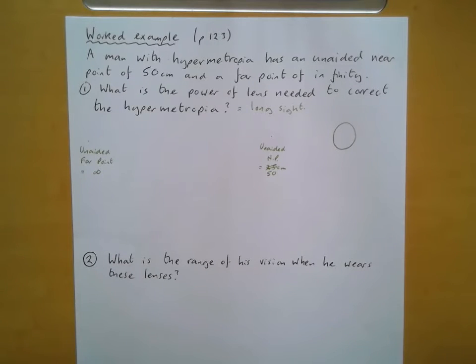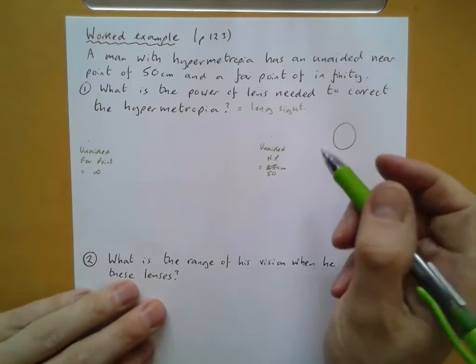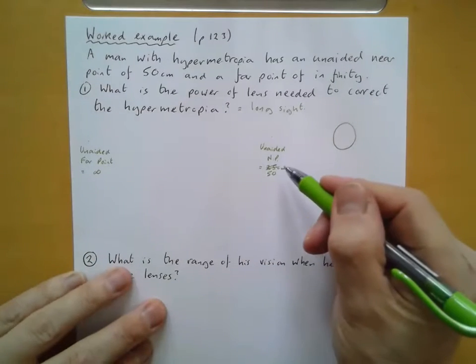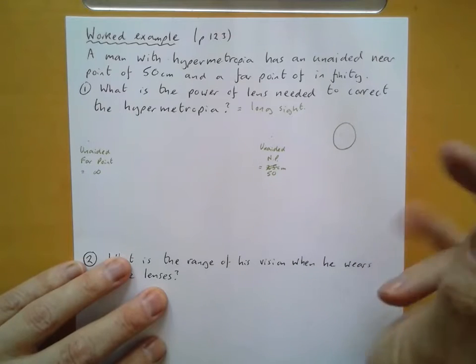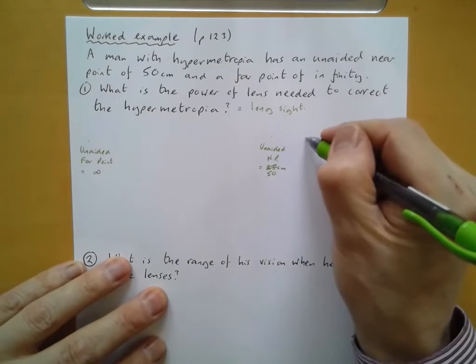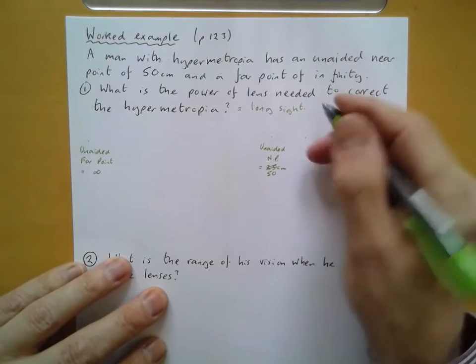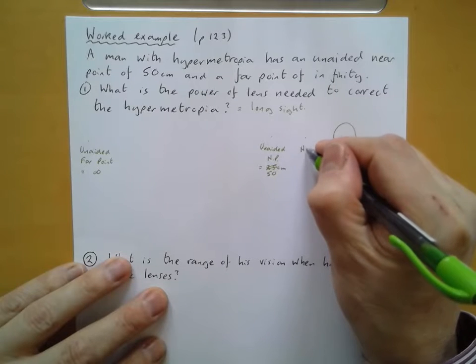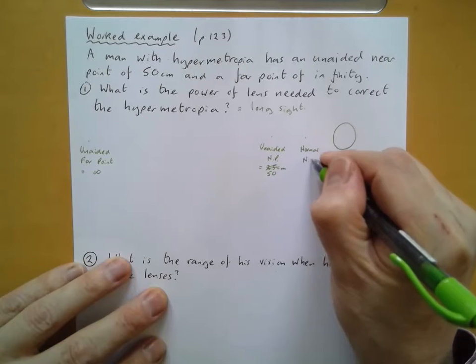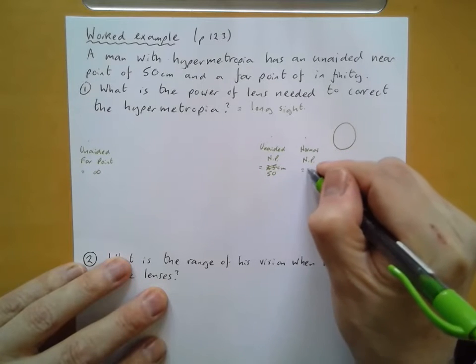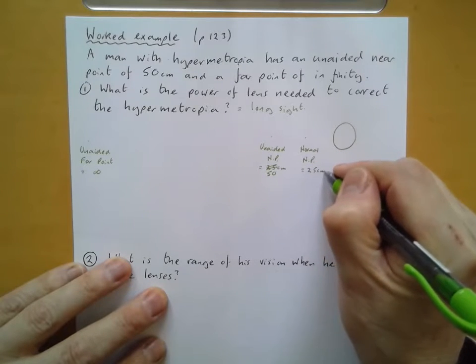Okay. Now, so he's okay at distance, but he's not okay close to. So we want to bring his near point closer in. In fact, we want to bring it into a normal near point, a corrected normal near point of 25 centimeters.